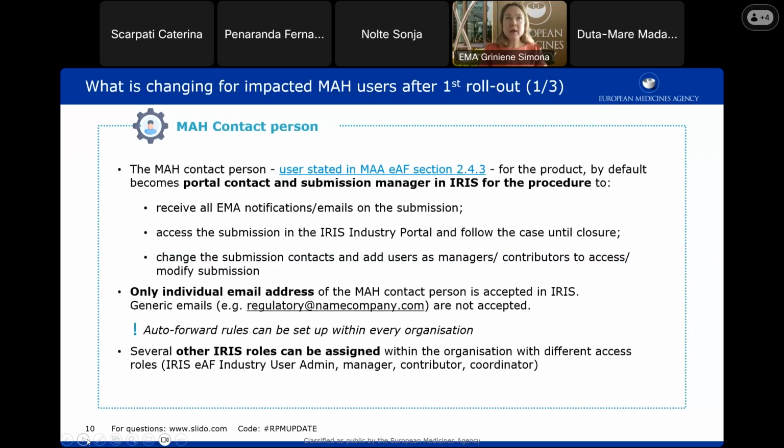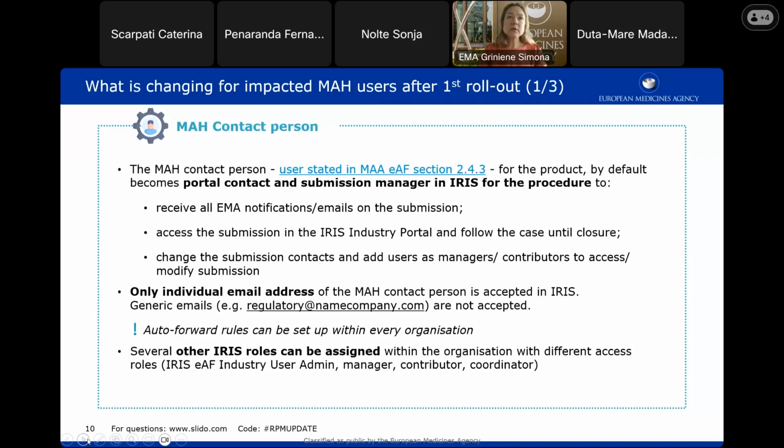So the contact person by default in IRIS becomes the contact person stated in the electronic application form for the marketing authorization application under section 2.4.3. And it becomes by default a portal contact and submission manager in IRIS for the procedure.